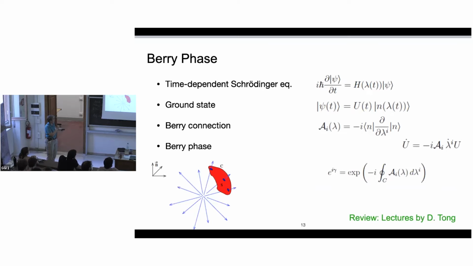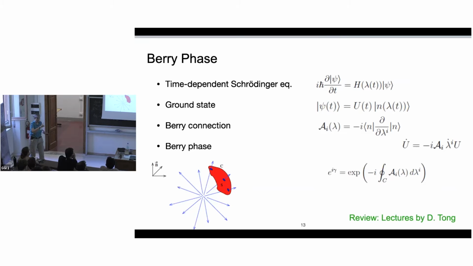Inserting this into the Schrödinger equation gives you this equation for this unitary matrix, and then the Berry phase is defined here. So this is the path-ordered exponential integral along this parameter space.